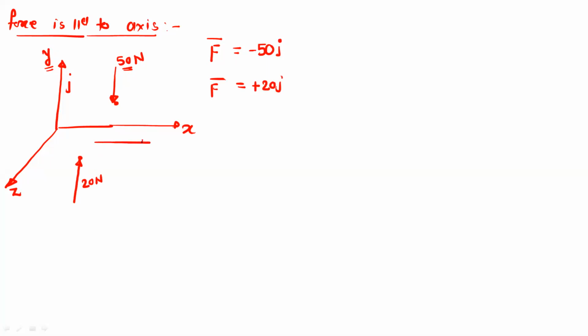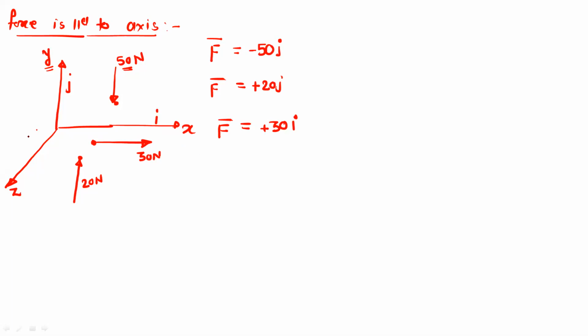If the force is parallel to the x-axis and it is acting along the positive x-axis, then we will write F bar is equal to 30, and consider the unit vector along the x direction. So along the x direction, we have the unit vector i. Okay. So this will be 30i, and this is positive.